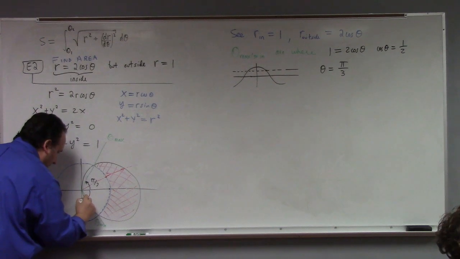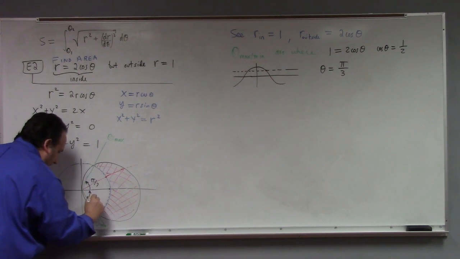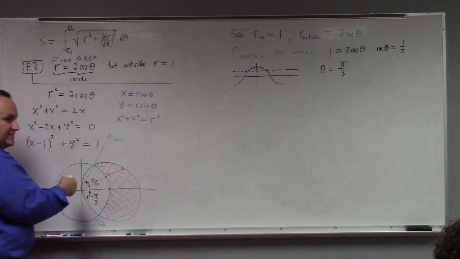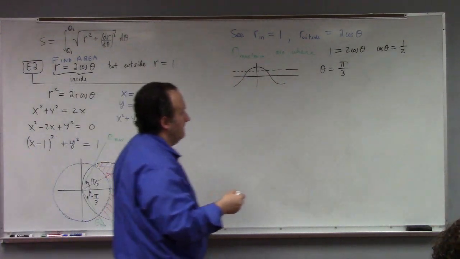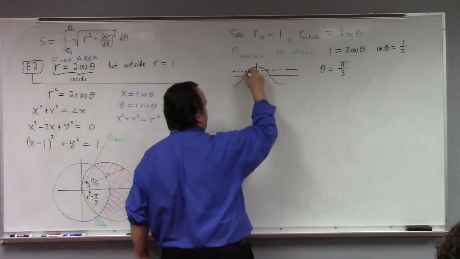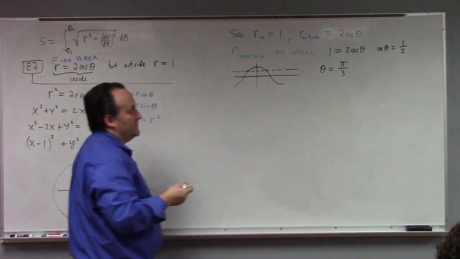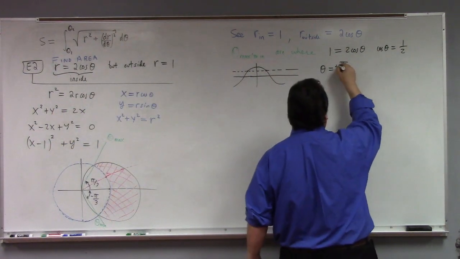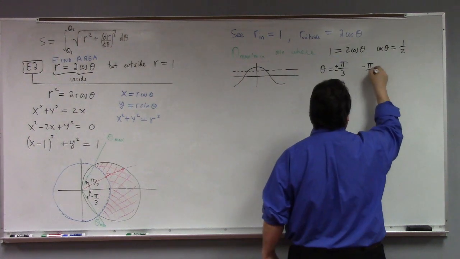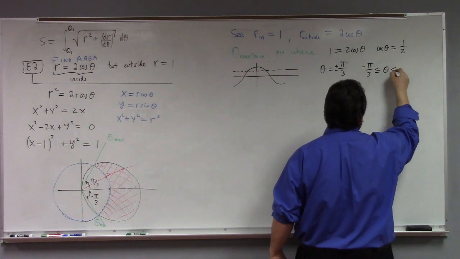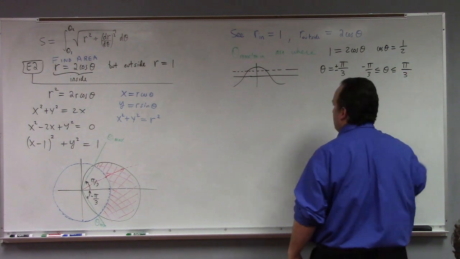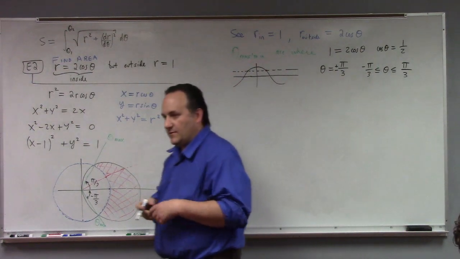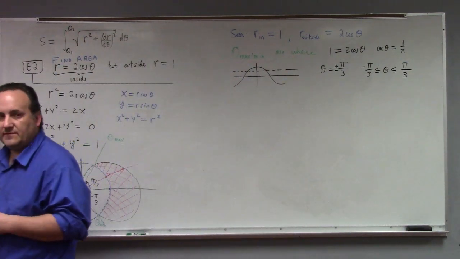And down here you've got minus pi over 3, because it's clockwise. That's the solution. We should use minus pi over 3 less than or equal to theta less than or equal to pi over 3 for the integral that we're going to calculate to describe the area.